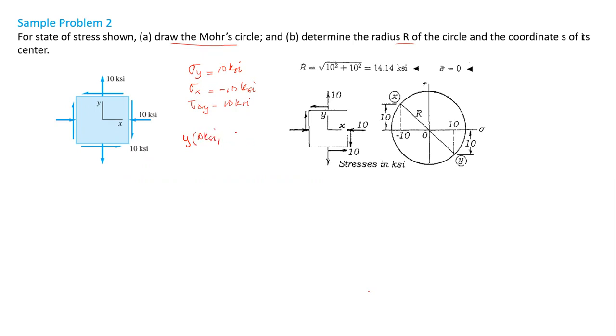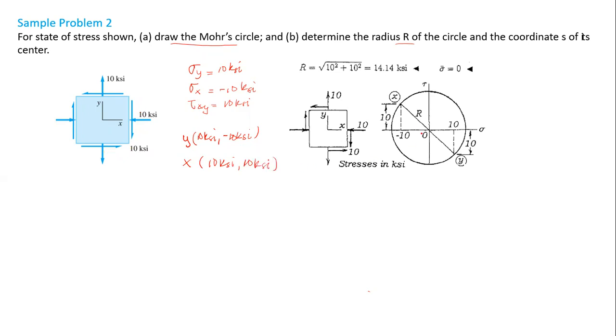Then ang shearing nato is tend to rotate counter clockwise. So negative, negative 10 psi. Then ang x is 10 psi. Then ang shearing along sa x, as you have seen, tend to rotate clockwise. So positive 10 psi.